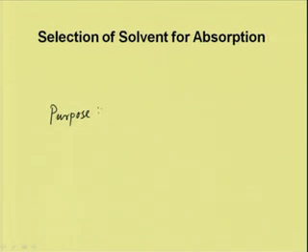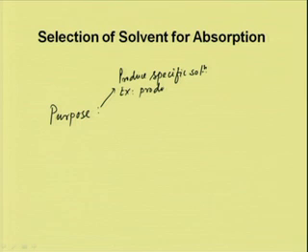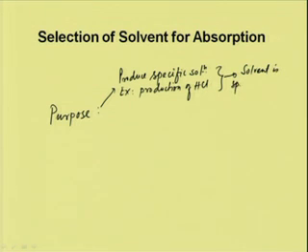If the purpose is to produce a specific solution, for example, production of HCl, hydrochloric acid, then the solvent is specified by the nature of the product.